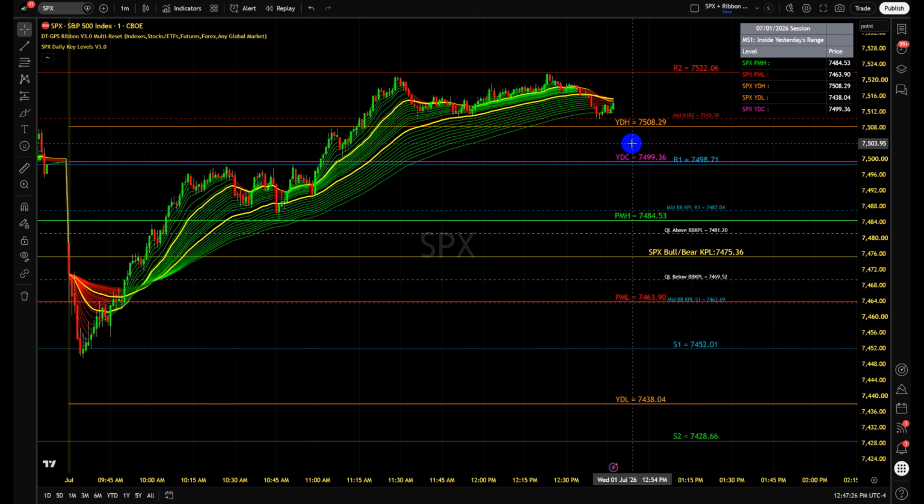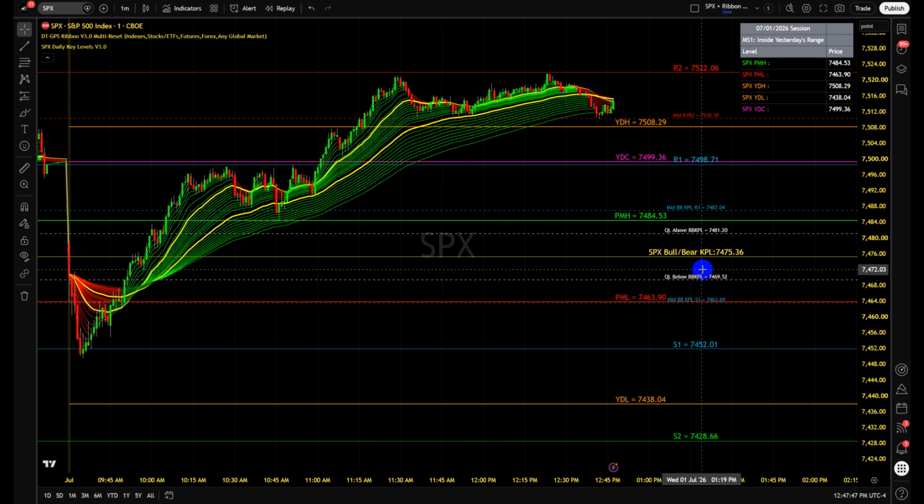The contextual levels are the PMH pre-market high, PML pre-market low, YDL yesterday's daily low, YDH yesterday's daily high, and YDC yesterday's daily close. All these Y levels are the RTH session high, low, and close. PML and PMH are the current session's pre-market high and pre-market low.